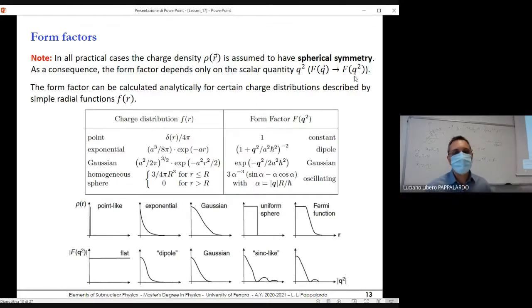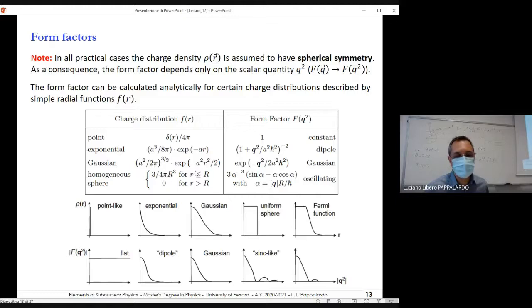Now, the form factor can indeed be calculated analytically for some charge distributions which are described by simple radial functions, and you see here some examples. Suppose that your proton is really point-like, so your charge distribution is a delta. Then when you take the Fourier transform, you obtain a flat form factor. Suppose now that the charge distribution is exponential. Then when you calculate the Fourier transform of this function, you get a so-called dipole function, which has this kind of trend.